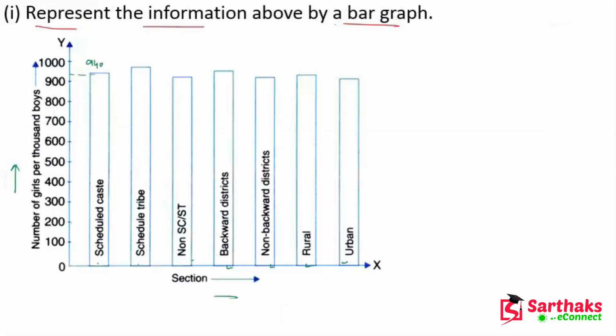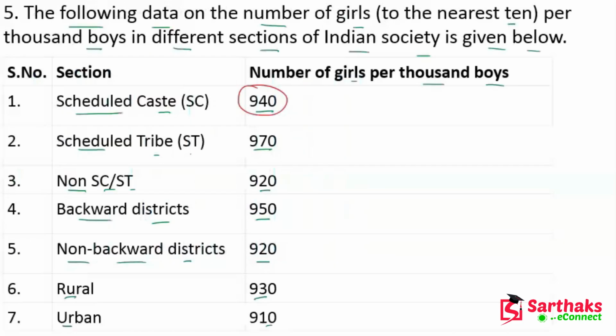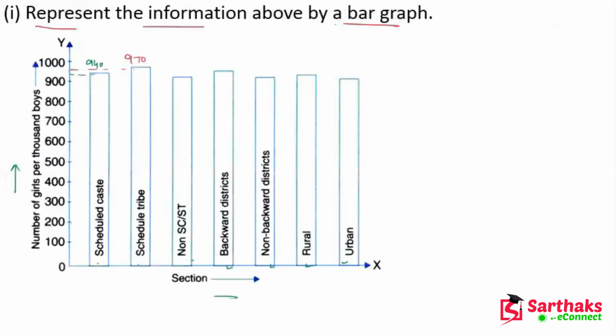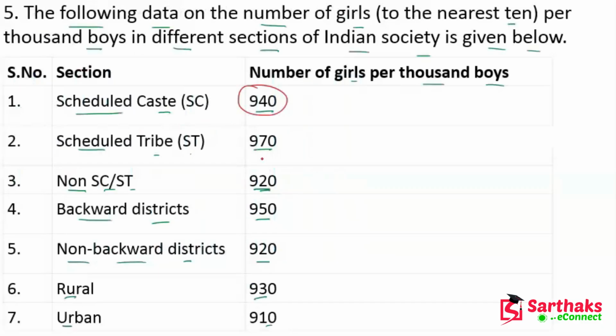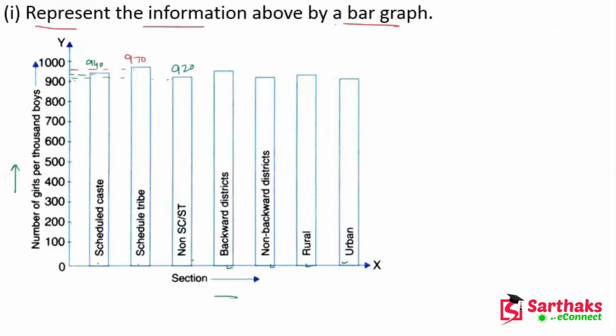And in non-SC ST, as you can see in the table, this is 920, which is below 940. And in backward districts the data is 950, so this is above 940.